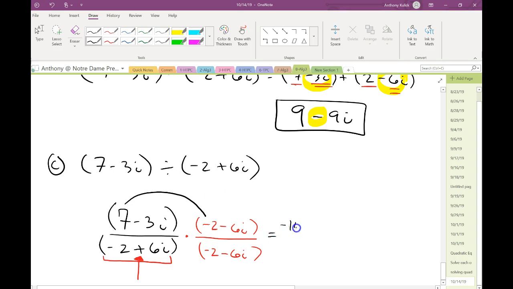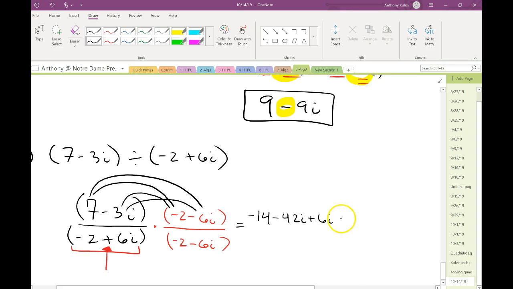So 7 times negative 2 is negative 14. 7 times negative 6i is negative 42i. Negative 3i times negative 2 is positive 6i. And negative 3i times negative 6i is positive 18i squared.